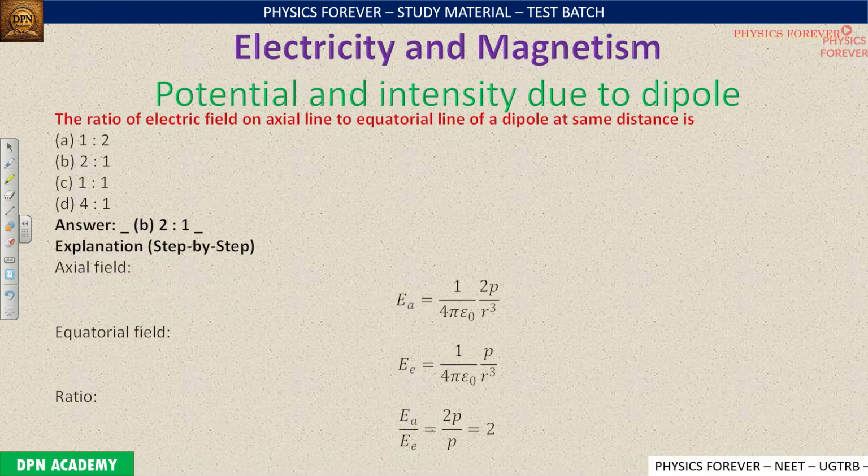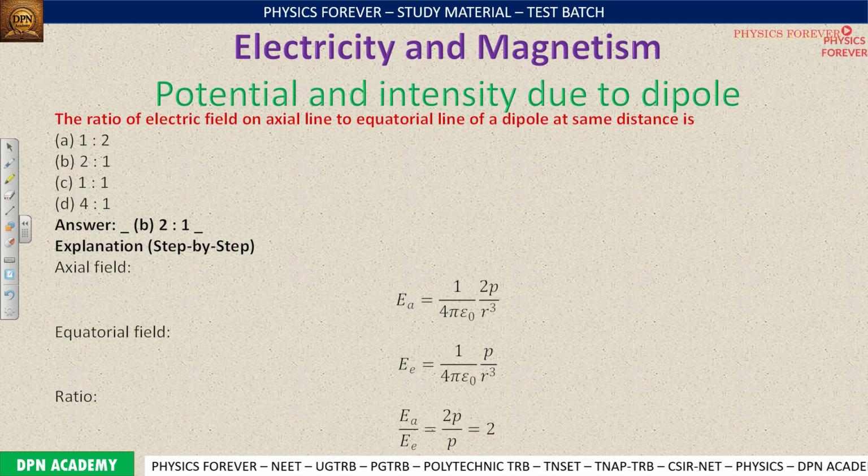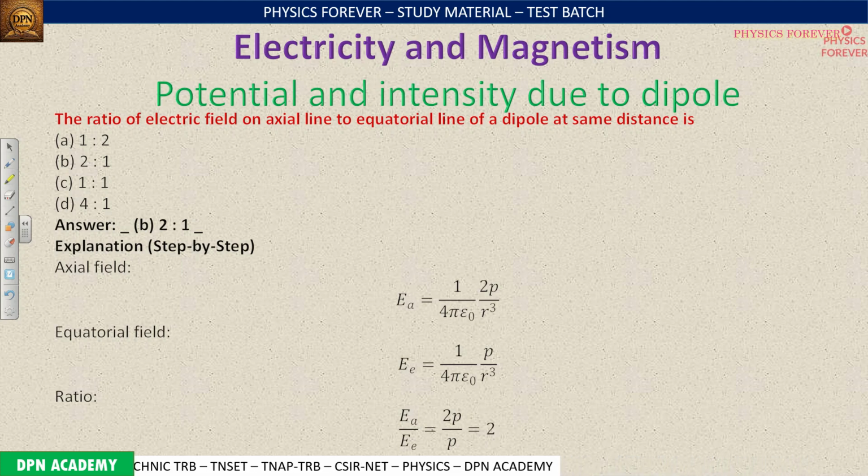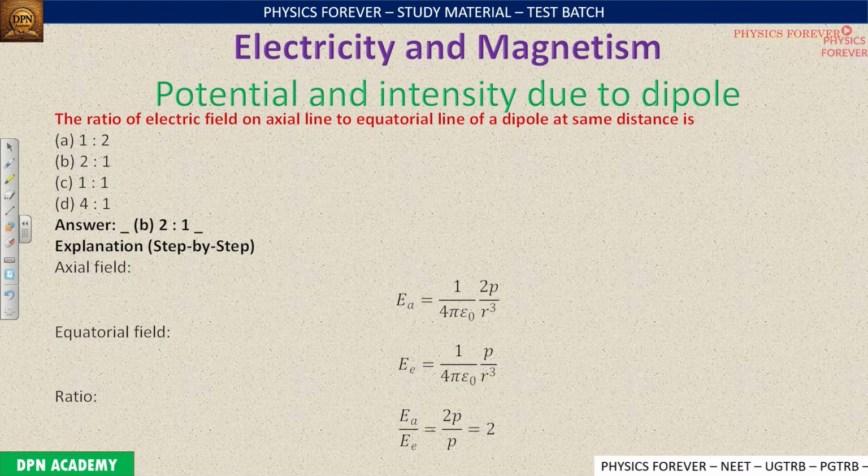Then the second question: the ratio of the electric field on the axial line to the equatorial line of a dipole at the same distance is? The correct option is 2:1. There should be a ratio of axial line to equatorial line. We know the axial field and the equatorial field, so if we put both and take the ratio, we get the answer 2:1.